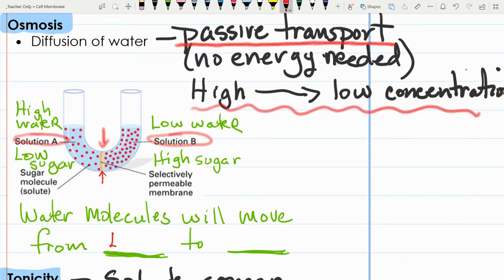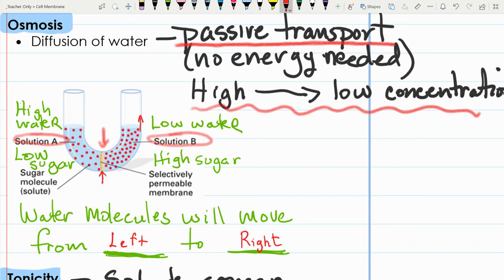So it's going to move from the left to the right until they are even. Now, what's going to happen here, and you can't see it in this picture, if I gave you an after picture, the water level would actually rise up. So the blue would actually go up once this was done.